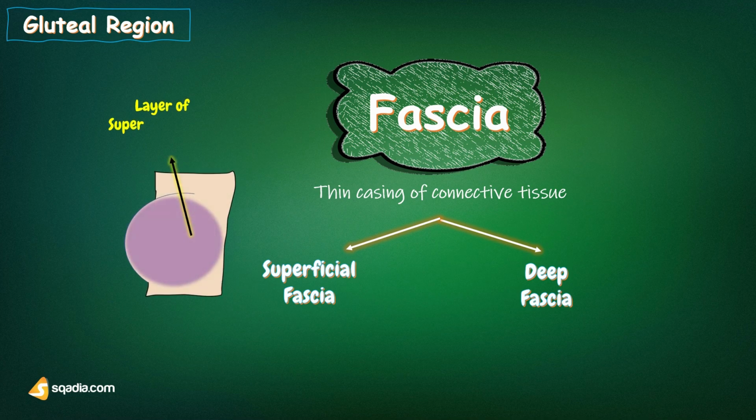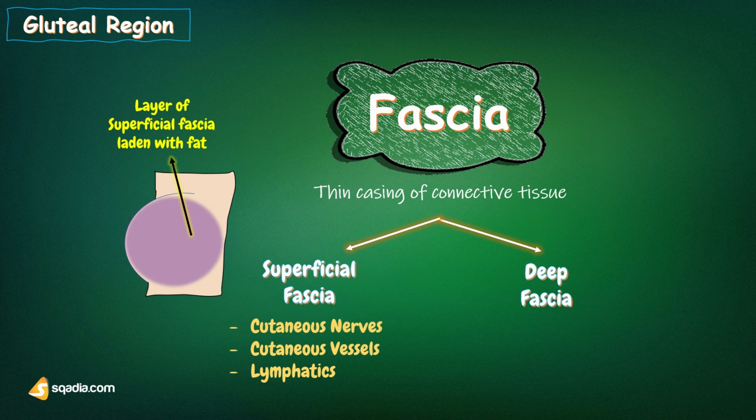Superficial fascia is heavily laden with fat, more so in females, and is tough and stringy over the ischial tuberosity, where it forms an efficient cushion for supporting the body weight in the sitting posture. It contains cutaneous nerves, cutaneous vessels, and lymphatics.